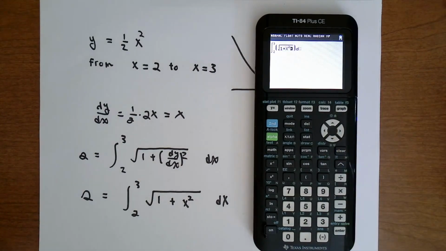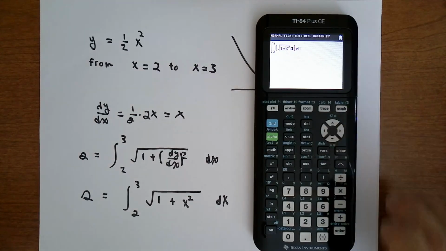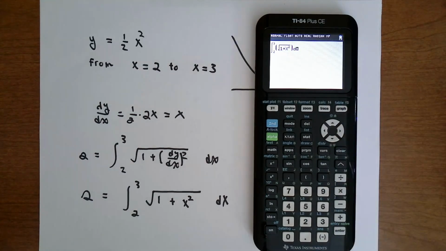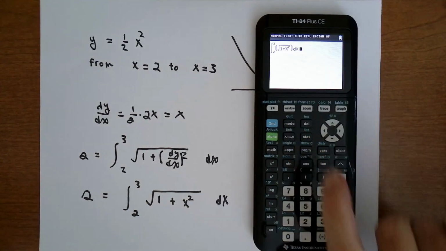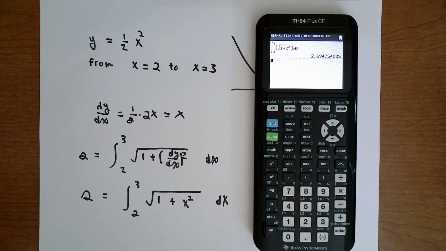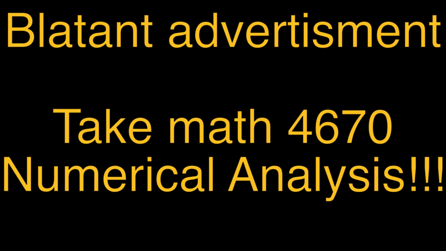Then I'll go sideways again, and again, it needs to know the name of the variable of integration, which is x. Press enter. It comes back and says 2.6947, and this is the same answer that we got doing it the classic format way, which of course it should be.